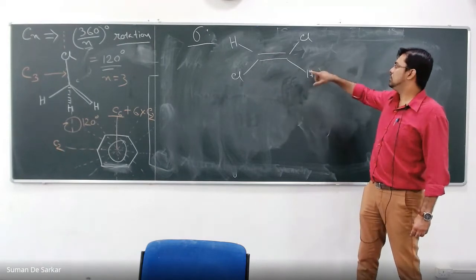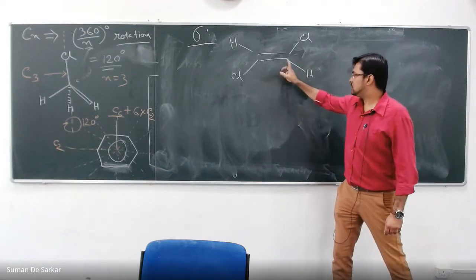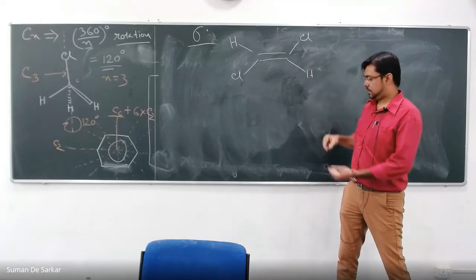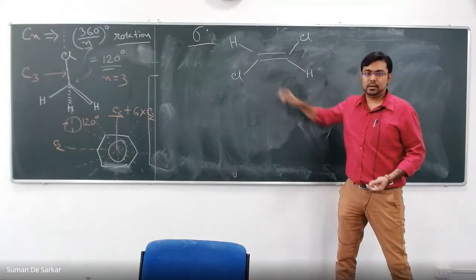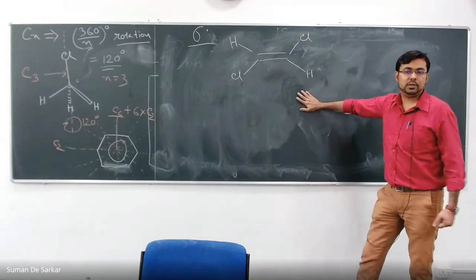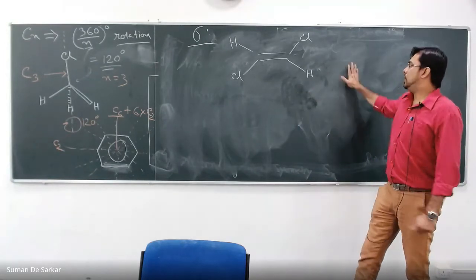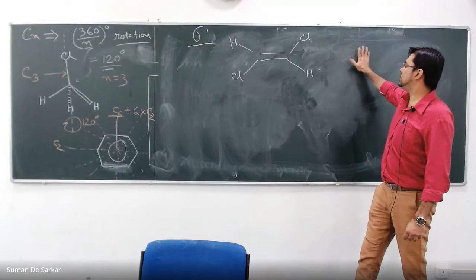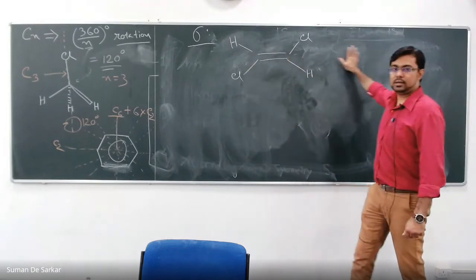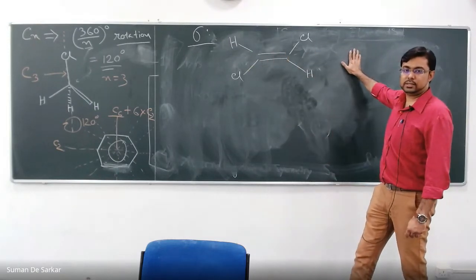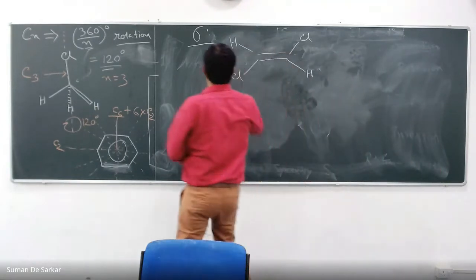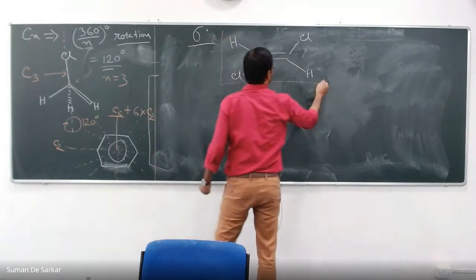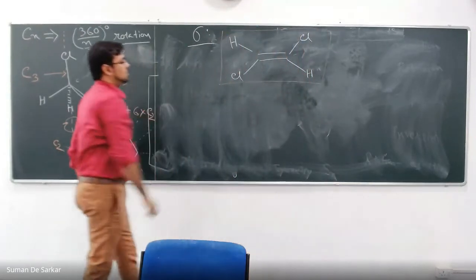There are only 6 atoms here, 2 carbons and 4 substituents. And as you know, all the carbons are sp2 hybridized, so this molecule is absolutely planar. You can think that it's on the plane of the board, and you can imagine a plane which is on the plane of the board itself, and which will chop the molecule into equal halves, isn't it?